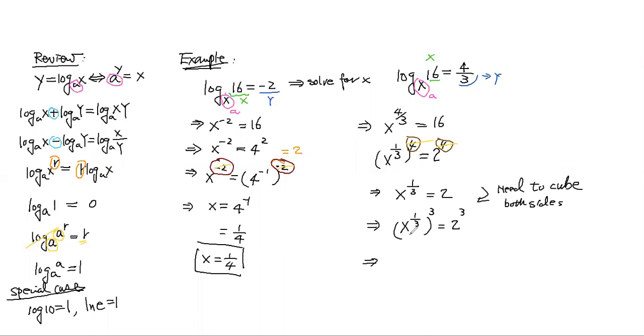So the x to the 1/3, this becomes x. 2 cubed is what? It is 8, so x equals 8 here, right? That's how we get the values here. So by using that, you switch back and forth between the log functions and the exponential. Then either you have the same base or you have some exponents, then you can cancel out.